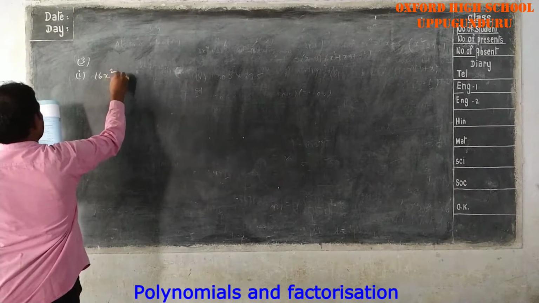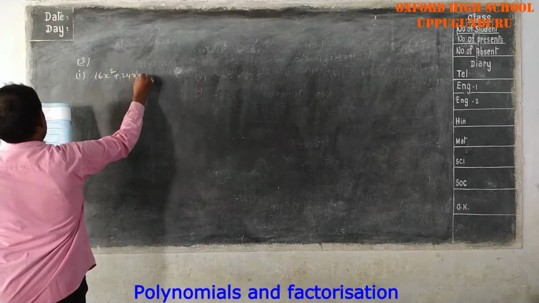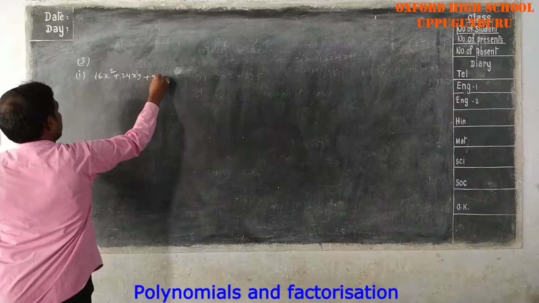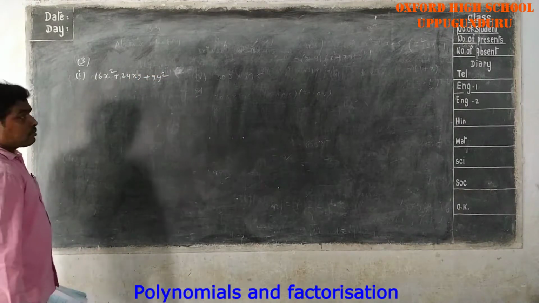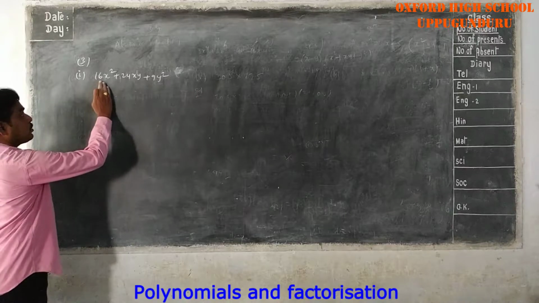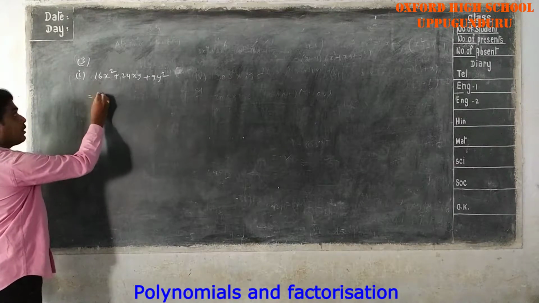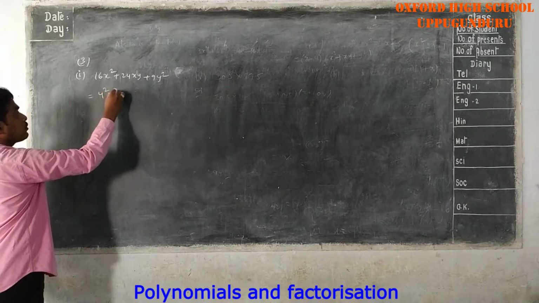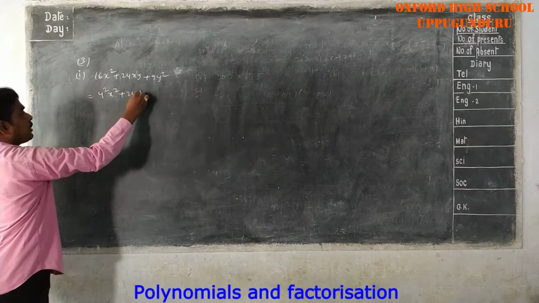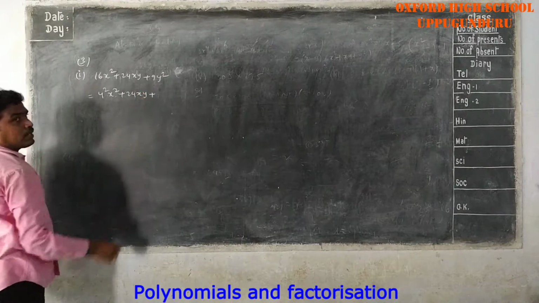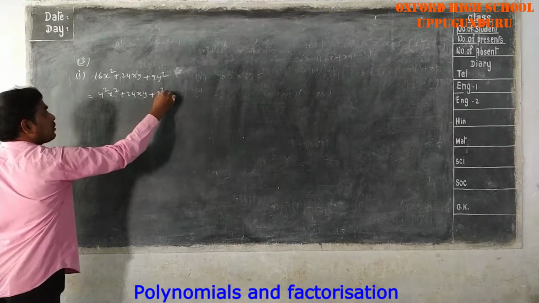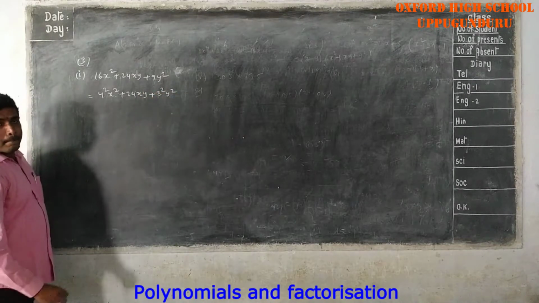16x square plus 24xy plus 9y square. See, when you observe these two, 16 you can write as 4 square x square, plus 24xy, plus 9y square you can write as 3 square y square.